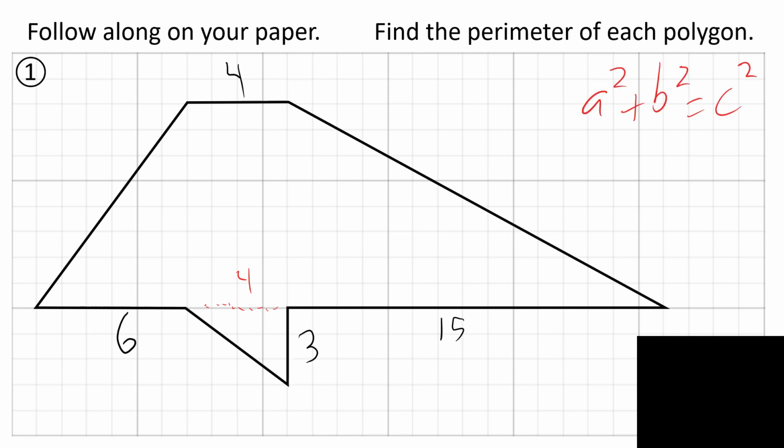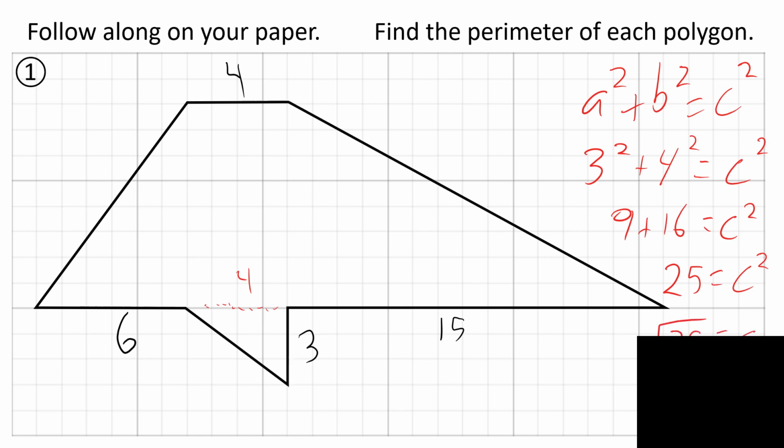Right? So I got to do my a squared plus b squared is c squared. So I got to do 3 squared plus 4 squared equals c squared. 3 times 3, of course, is 9. 4 times 4 is 16. Again, if I'm going too fast, go ahead and hit the pause button. 9 plus 16 is 25.